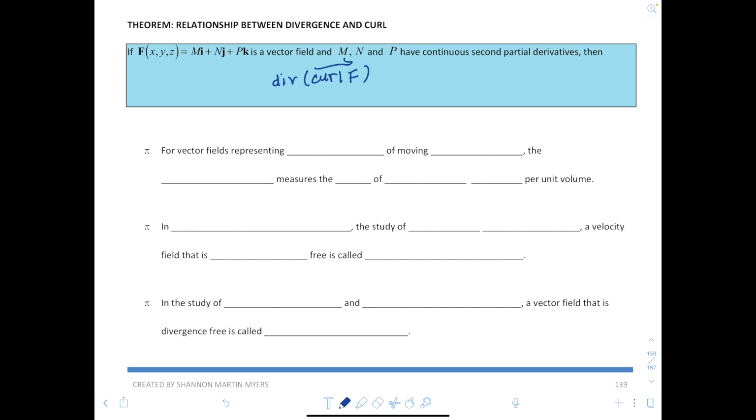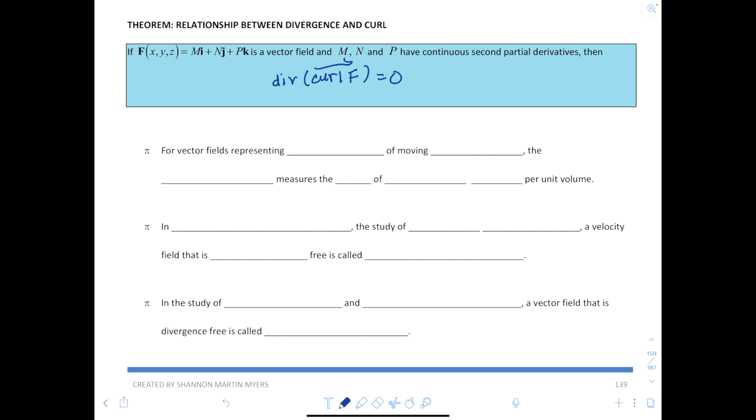So that if the divergence of the curl of f is, that means it would be equal to 0, okay? If, of course, you've got your vector field and m, n, and p have continuous second partial derivatives.